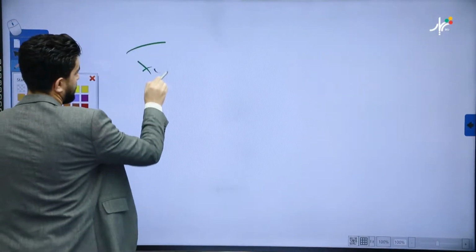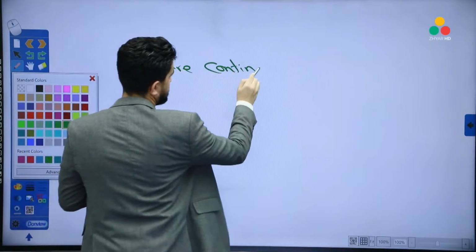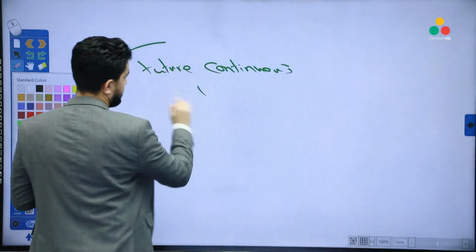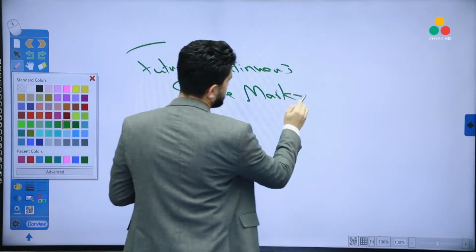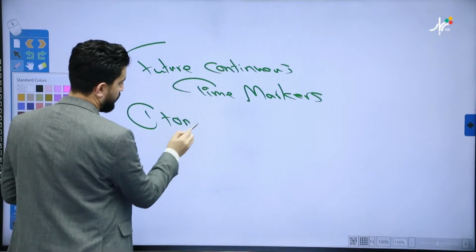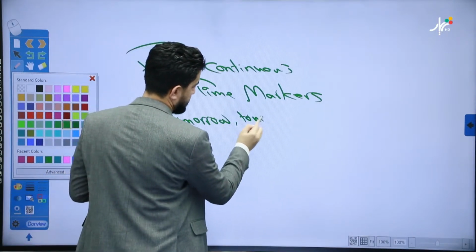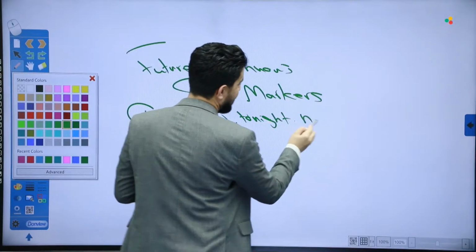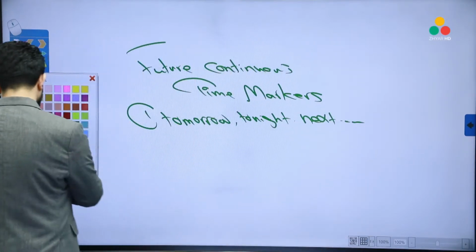What are future continuous time markers? We have future continuous time markers, time expressions. What are they? For example, you can say tomorrow, we can say tonight, we can say next, for example, next week, next month, next year.